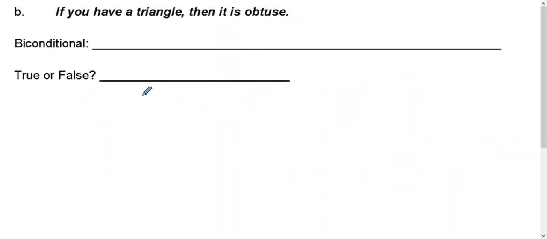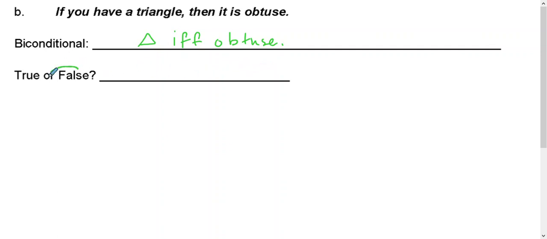Let's try this one. If you have a triangle, then it's obtuse. So your biconditional would be triangle if and only if it's obtuse. So it has to work both ways. If it's a triangle, if it's obtuse, and the other way, if it's obtuse, then it has to be a triangle.